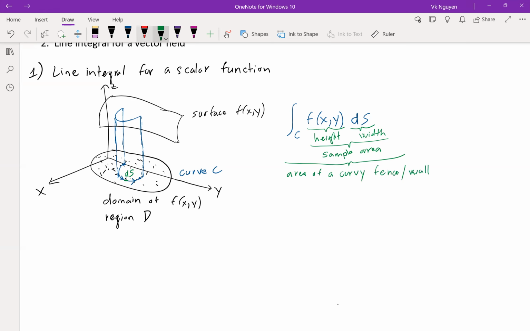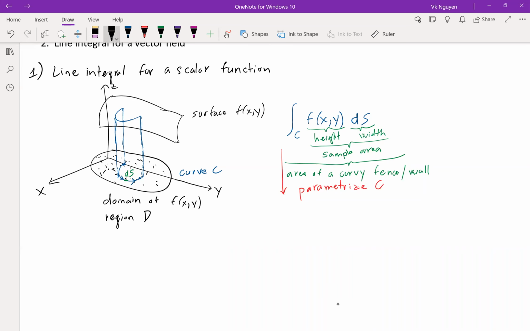I'm going to parameterize the curve C here. If we parameterize it, the parameter is going to be t. A lot of people just use t, so I'm going to be using t.